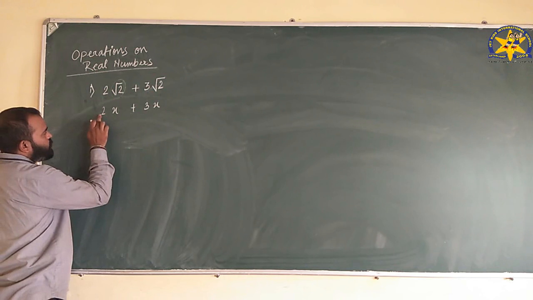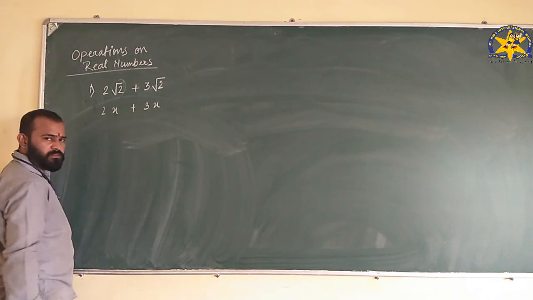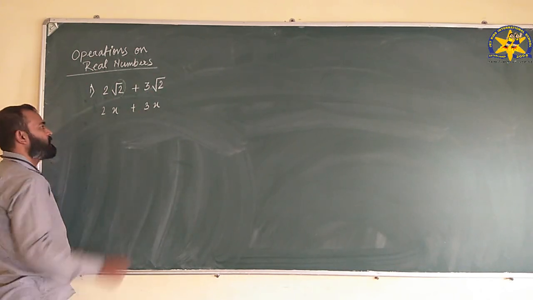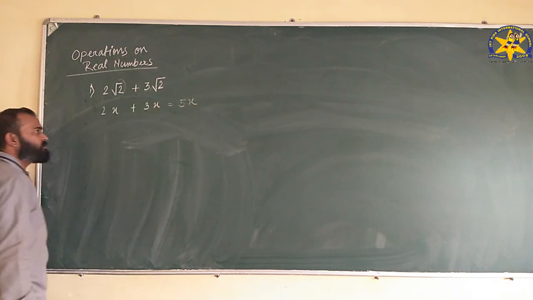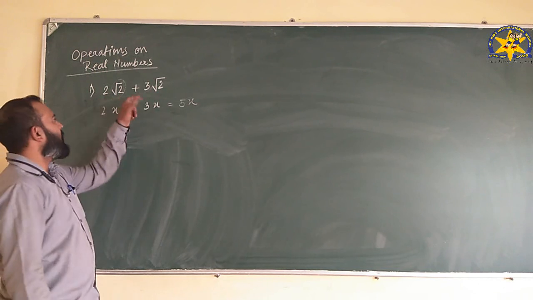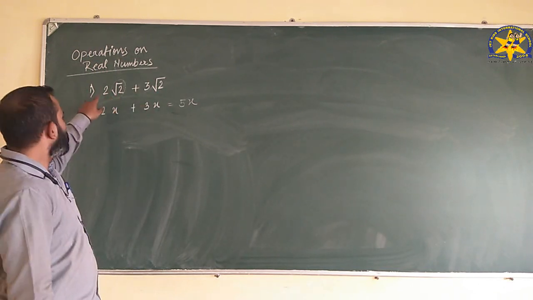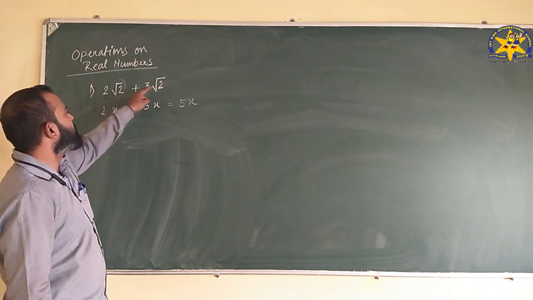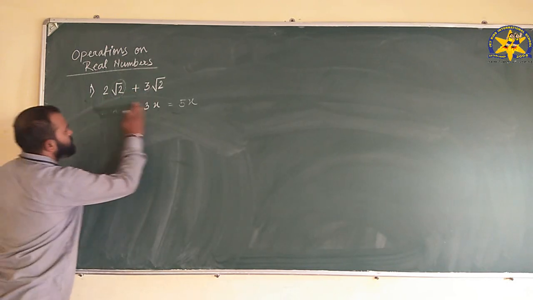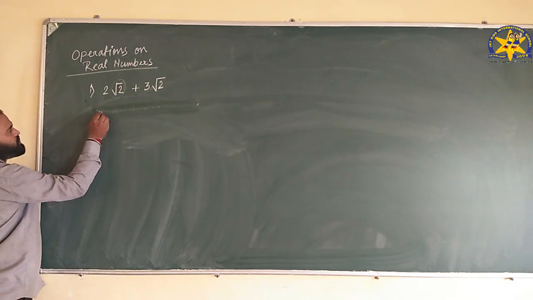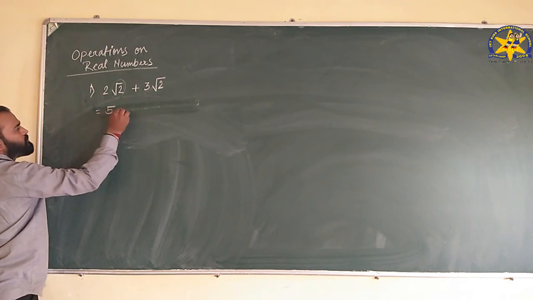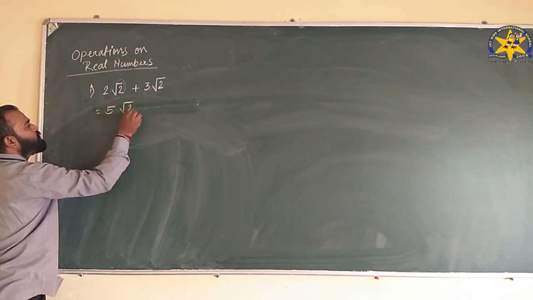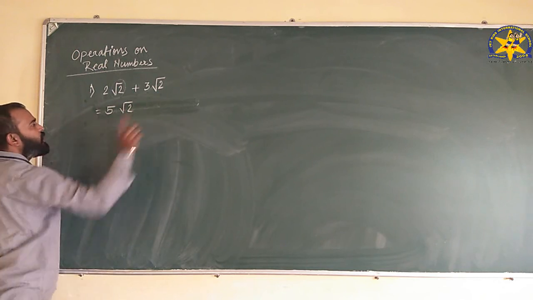So 2x plus 3x is 5x. In this manner, what will be the addition of these two numbers? 2√2 plus 3√2 will be 2 plus 3, 5, 5√2. The x remains as it is.